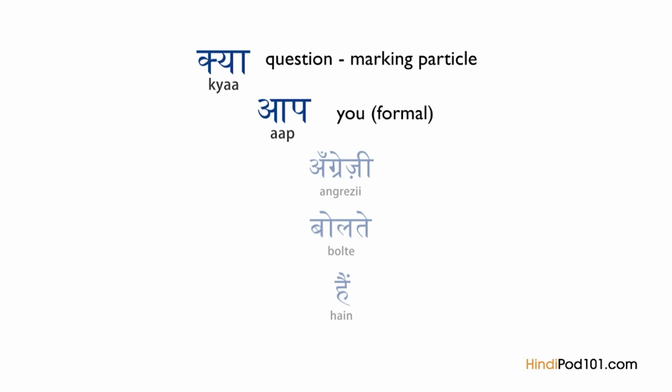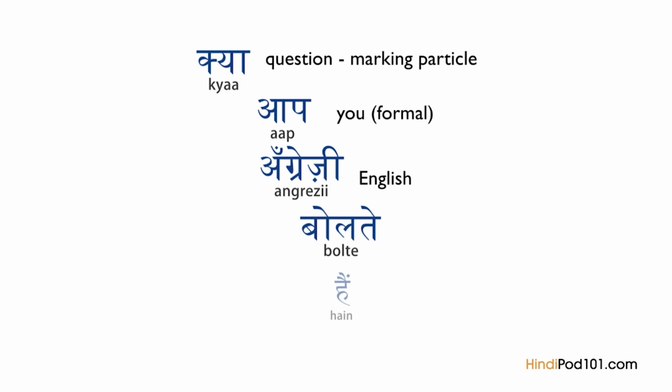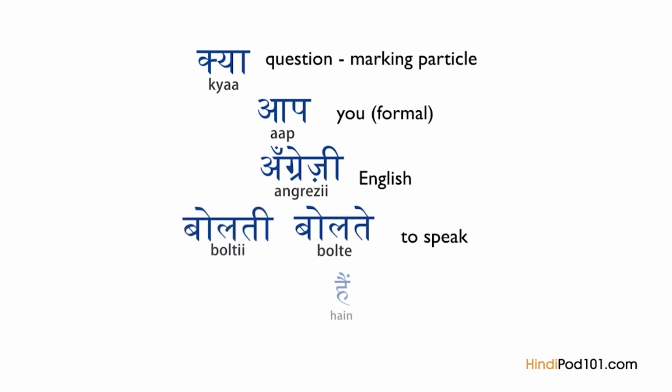Next we have Angrezi. Angrezi means English. Next is bolte. Bolte means to speak. It is used when the subject is masculine. We use bolti when the subject is feminine. And finally, hai. Hai is a sentence ending particle used with the formal you.